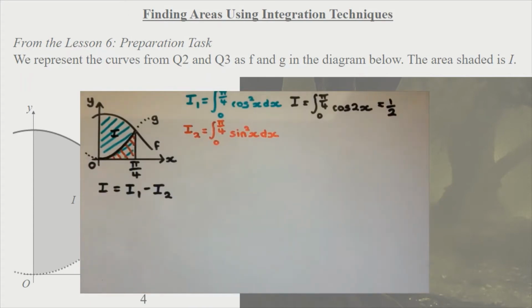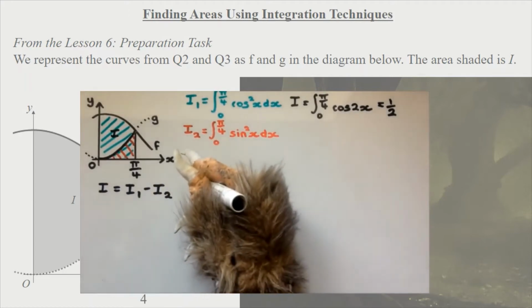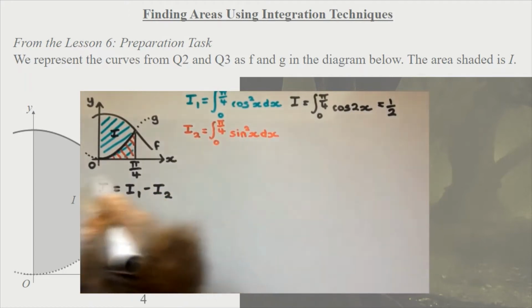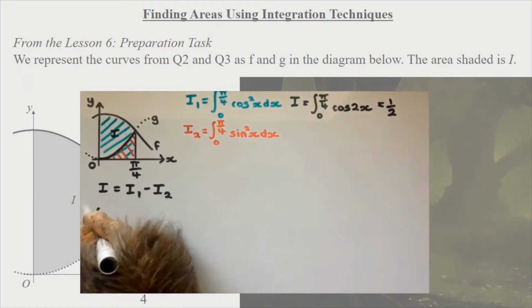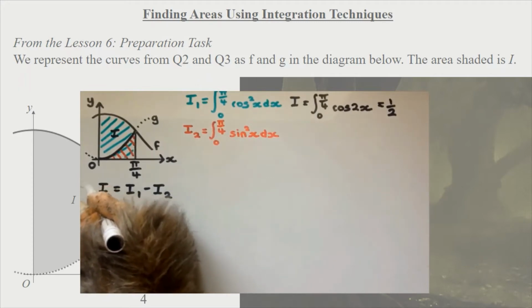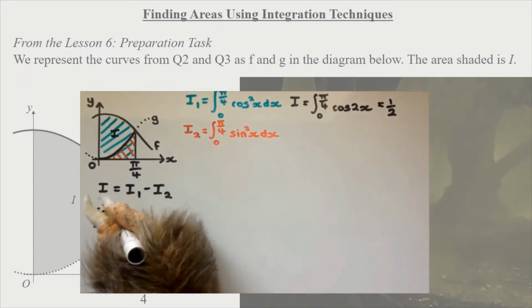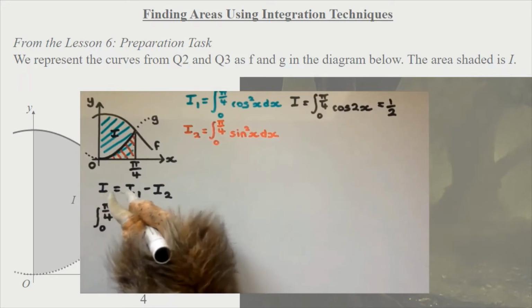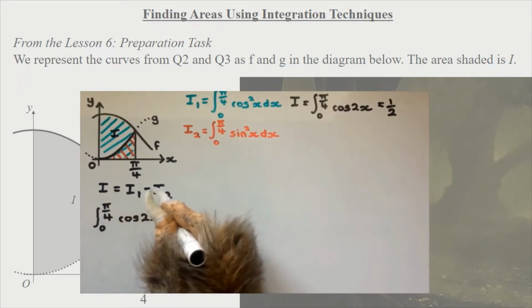But there's more to it, because if I sub in the integrals, like this. So I'll do it over here, the integral from 0 to pi over 4 of cos of 2x dx.